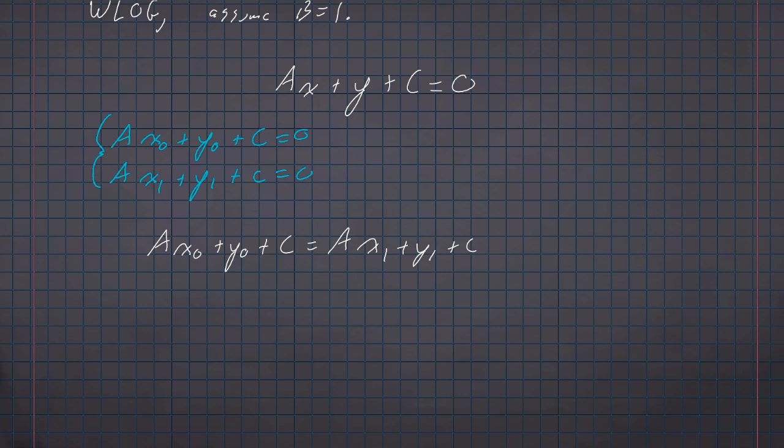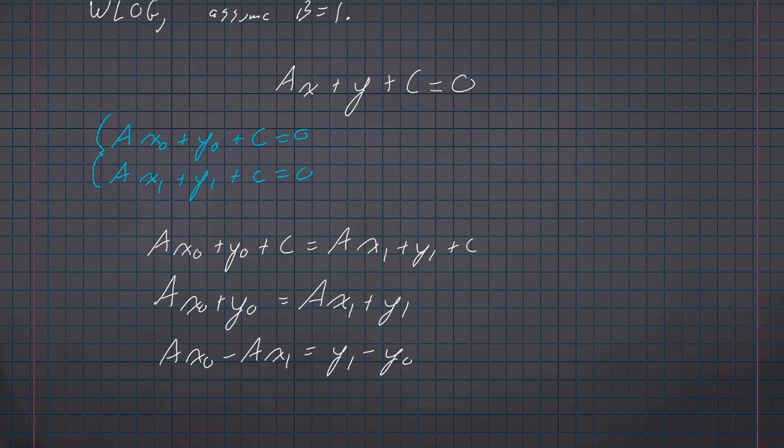Subtract c from both sides of the equation. And shuffle things around so that all of my terms with a are on one side, all of my terms without a are on the other. Factor out that common factor of a.